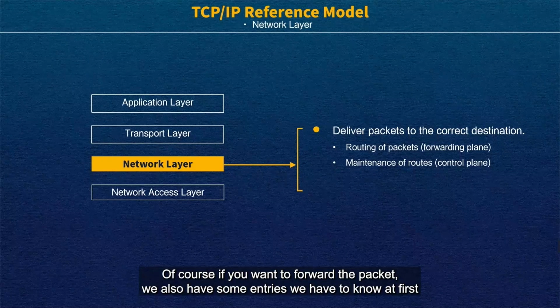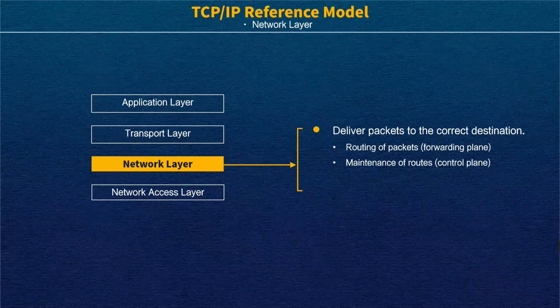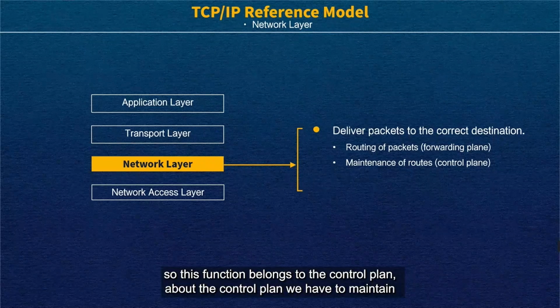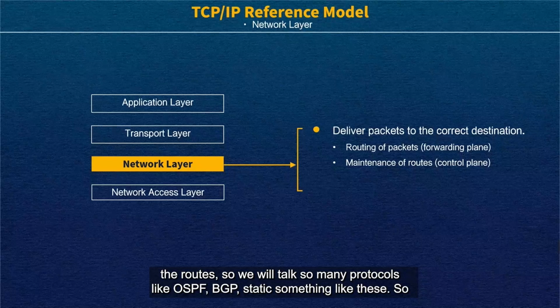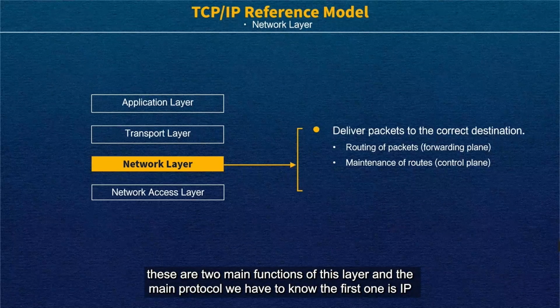Of course, to forward packets, we also need some entries first. This function belongs to the control plane. In the control plane, we have to maintain the routes, so we will talk about many protocols like OSPF, BGP, static routes, and so on. So these are the 2 main functions of this layer.